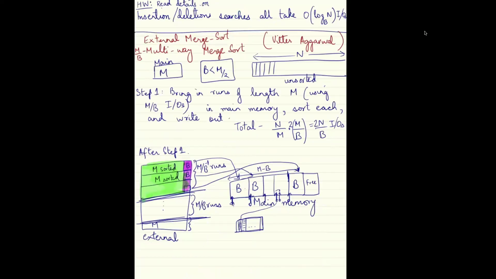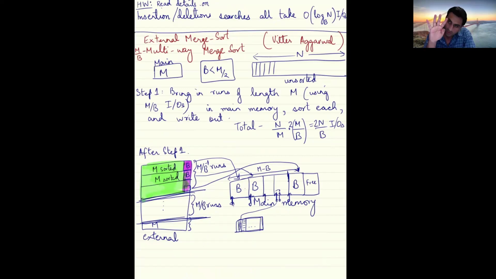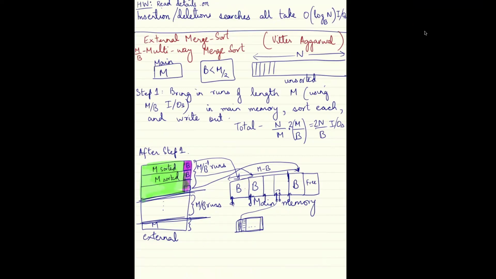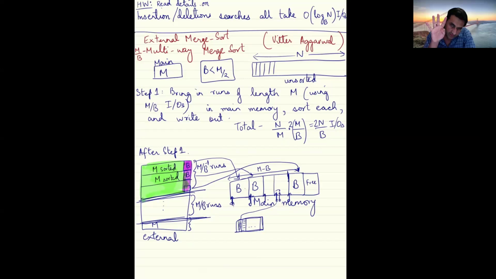So all the first blocks of all the runs are now brought to main memory, and now you're finding the smallest one. You have one finger in each block.